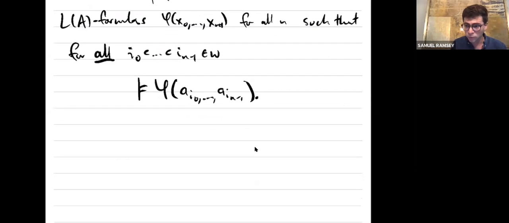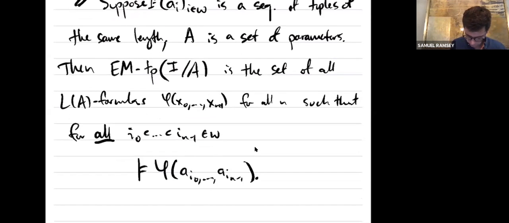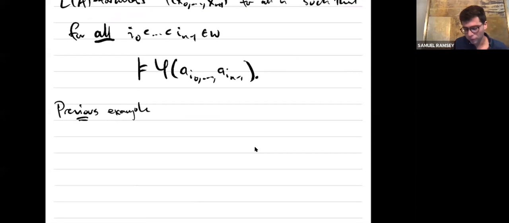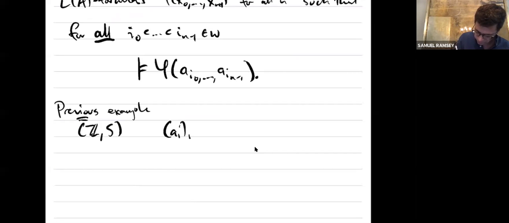All right, so let's go back to our previous example. For this one, we'll need to know something about the structure, but remember we were in Z with successor, and we had a sequence a_i, i less than omega, defined by a_i equals i.